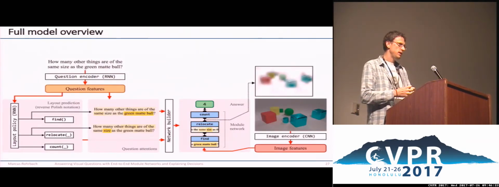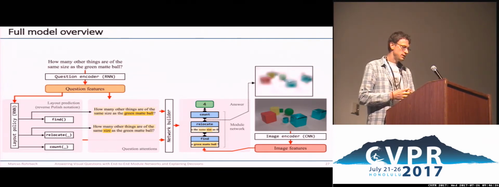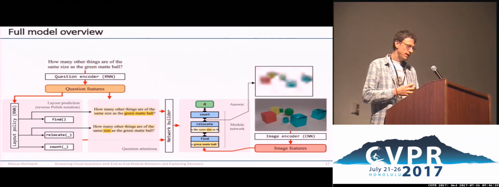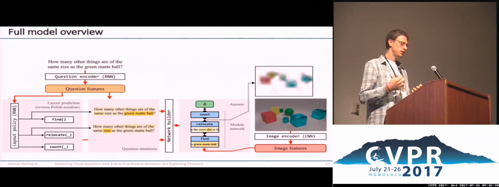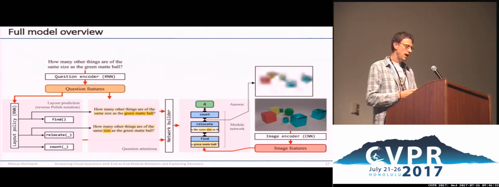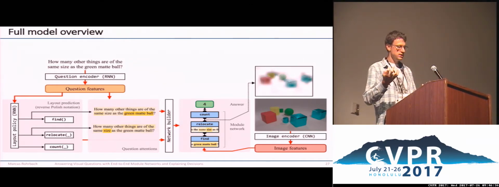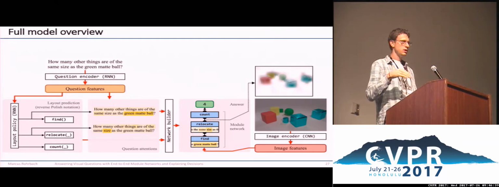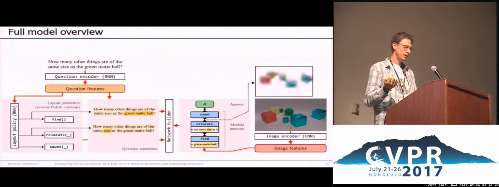So here's basically the overview of the entire network. We take in the question, we encode it with an RNN, and then we predict the execution graph at each time step of a decoder RNN.